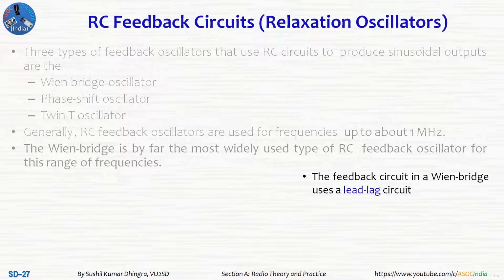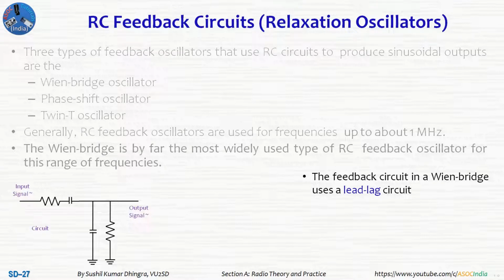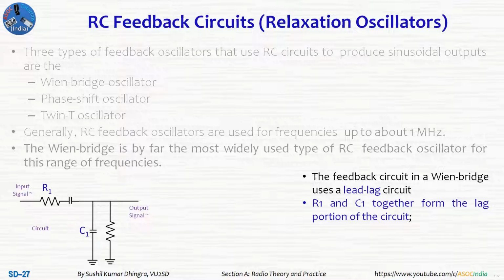This feedback circuit, the Wien bridge, uses a lead and lag circuit. How do they use the lead and lag circuit? Just see the diagram: one RC in series and one RC in parallel. First, R1 and C1 together form the lag portion. See this R1 and C1, they are the lag portion of the circuit.